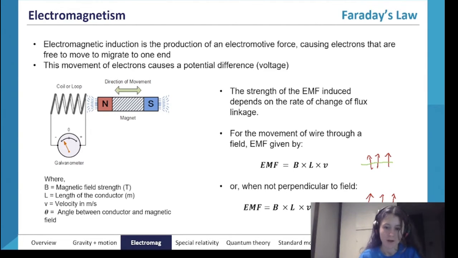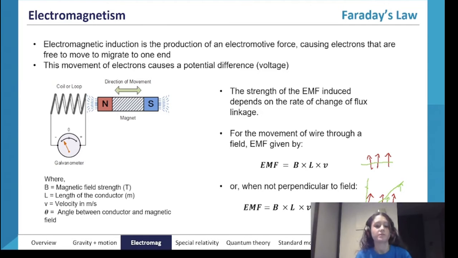However, if the wire is at a diagonal, then some of the field's components are going to be missed because this wire now has components that are in the same direction as the field, meaning that they're not experiencing anything. Of course, if a wire is parallel with the field, then none of the lines are intercepting it. So that's why we need to consider this sine theta.